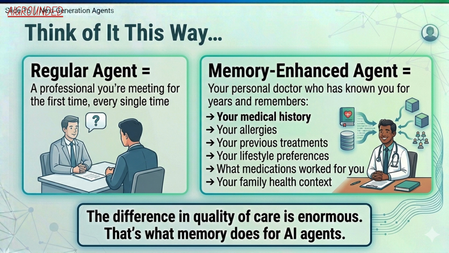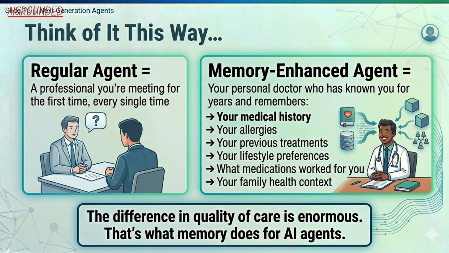Every single time you visit, you have to explain your history again, your preferences again, your context again, from scratch, every time. But a memory enhanced agent is like having a personal doctor who has known you for years.